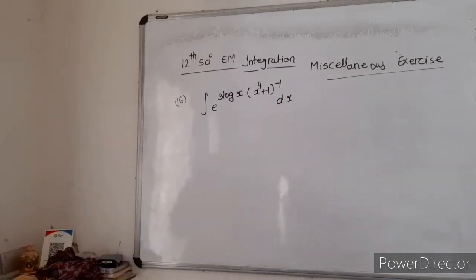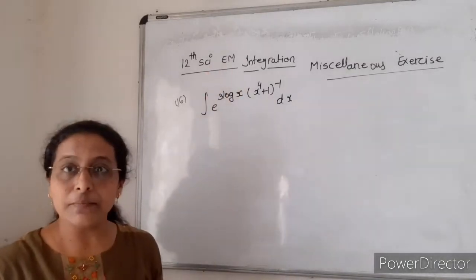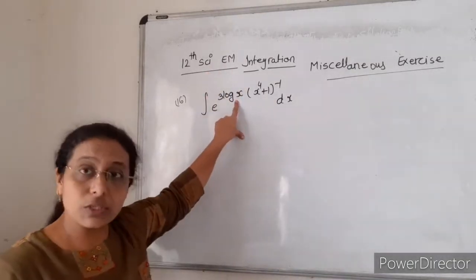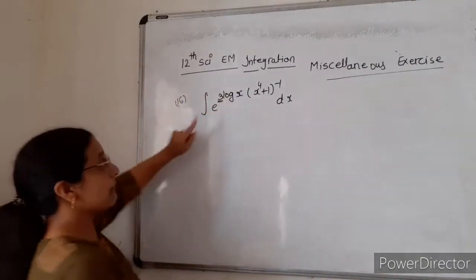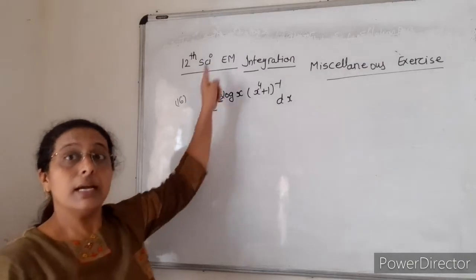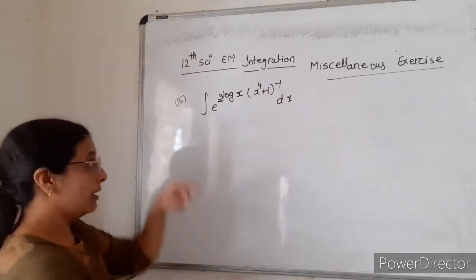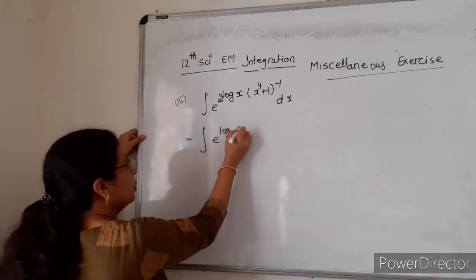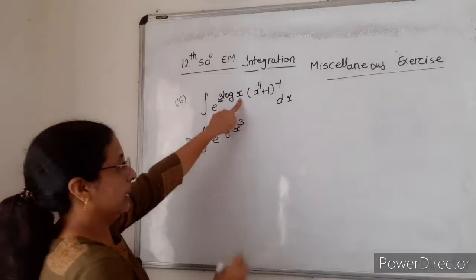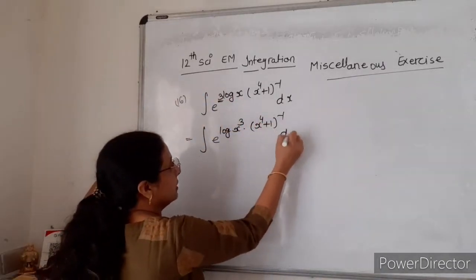Here again e raised to the whole power is given, so the base is e. First you have to take this 3 in the power, then you can cancel the log, right? That is e raised to log of x cube into x raised to 4 plus 1 raised to minus 1 dx.